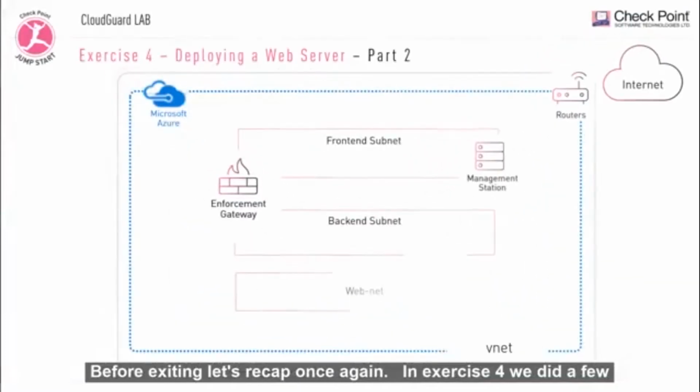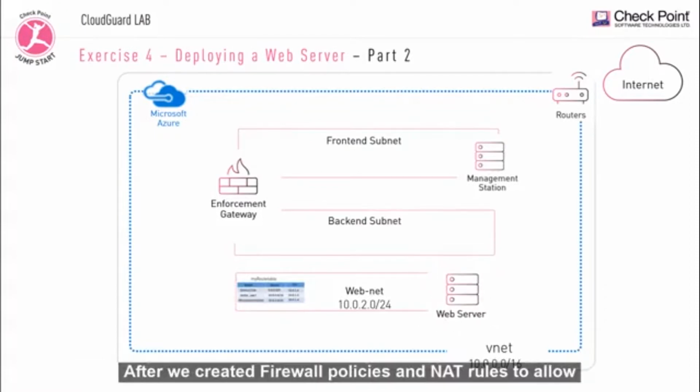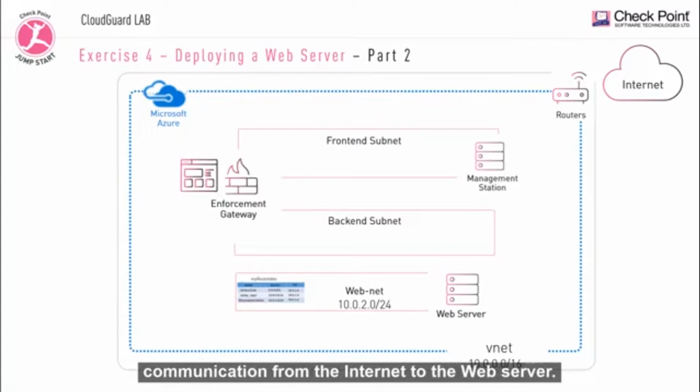Before exiting, let's recap once again. In exercise 4, we did a few things. We then created a Linux web server and deployed it in the web network. After, we created firewall policies and NAT rules to allow communication from the internet to the web server.